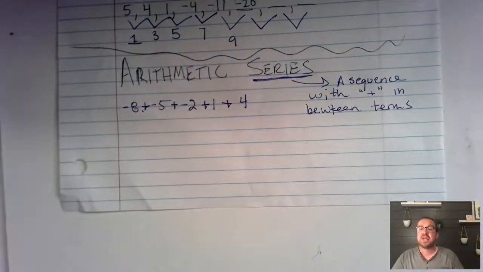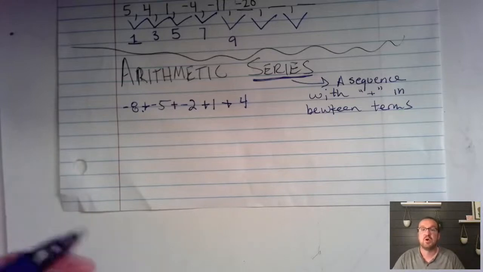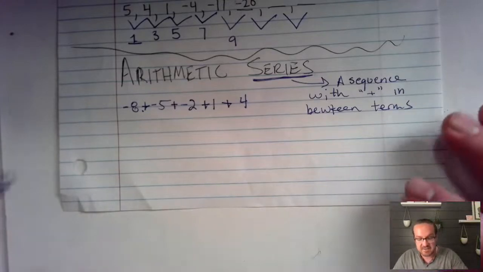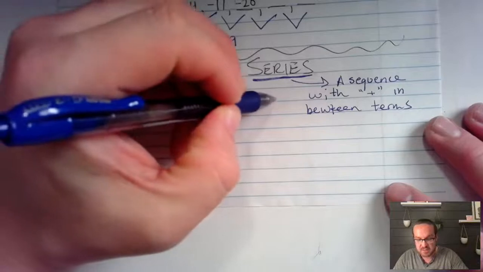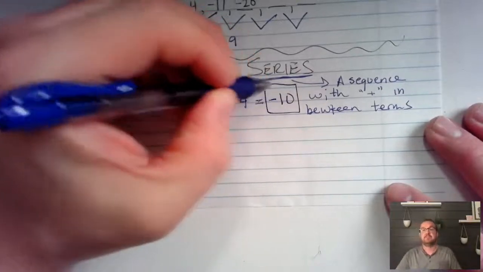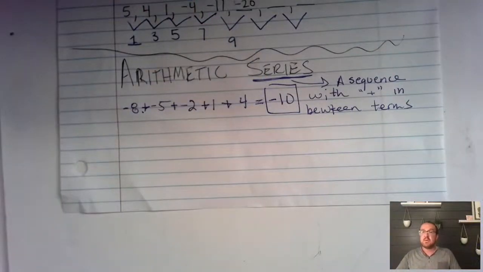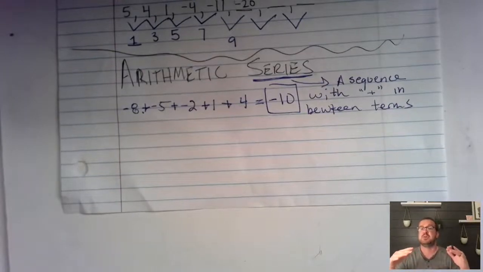And something that could happen is I could actually complete this process, right? -8 plus -5 plus -2 plus 1 plus 4. All that is -10. So my final answer here would just be -10. Okay? Now there is a formula to help us out with that, right? And with that formula, we're going to see a lot of the same terms.